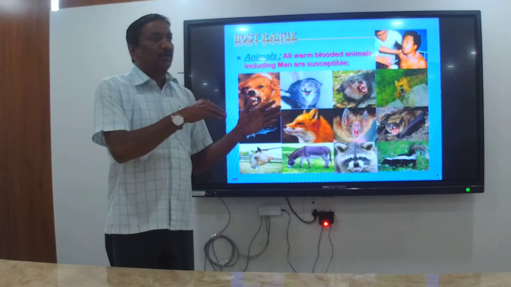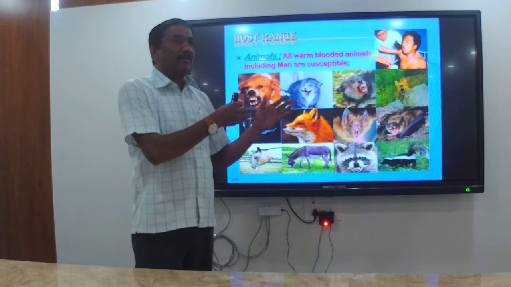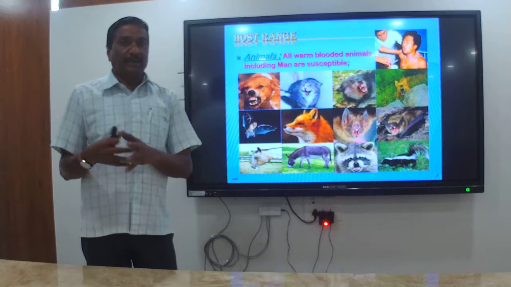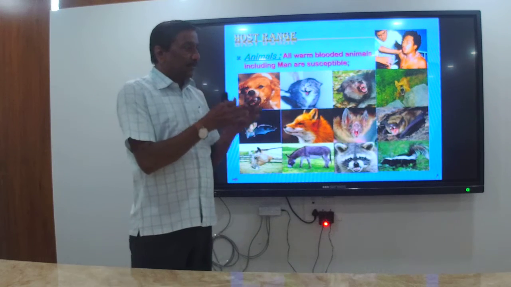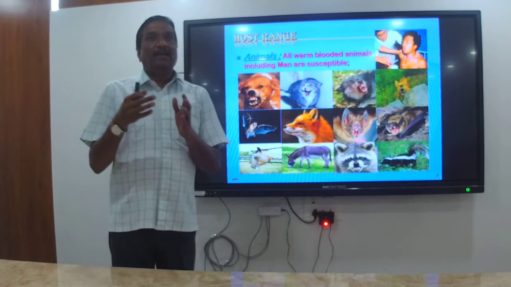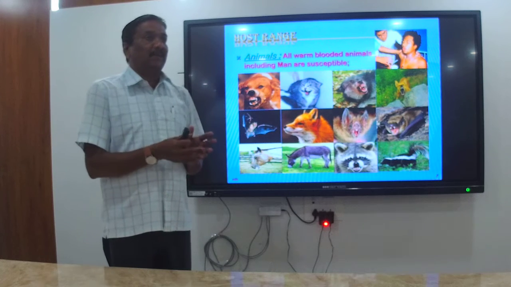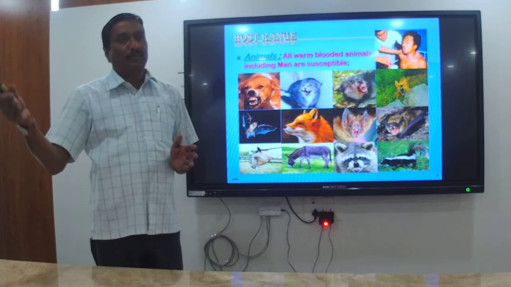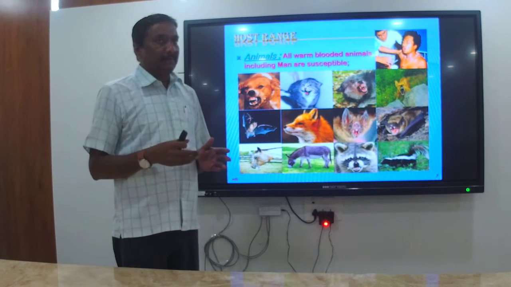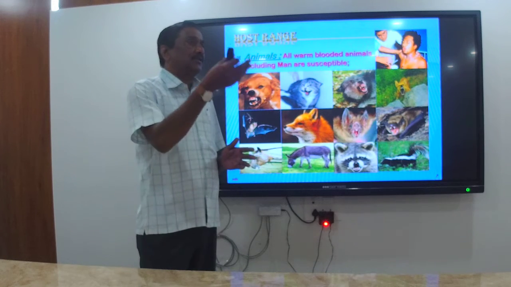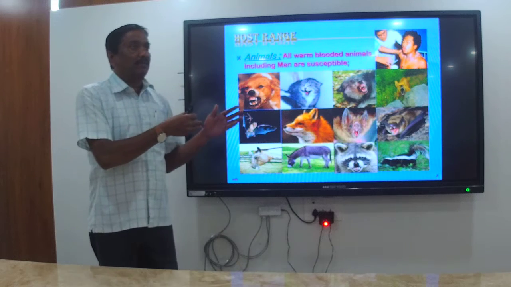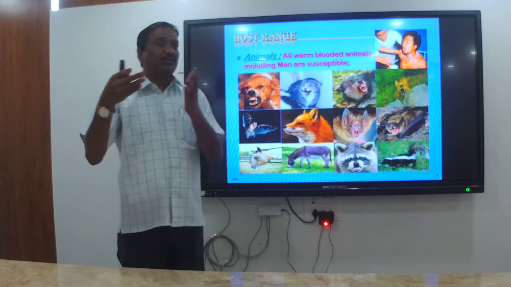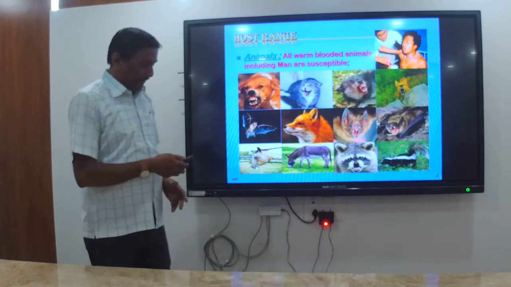So this is the mode of transmission, how it has arrived from the wild animals to human beings. So the domestic dog which has been bitten by rabid wild animals transfers the virus to human beings by bite. So this actually is a zoonotic disease which is acquired from an animal host into the human being.